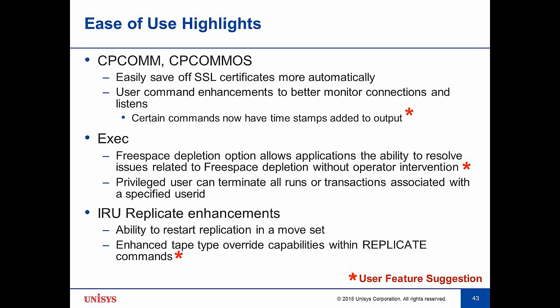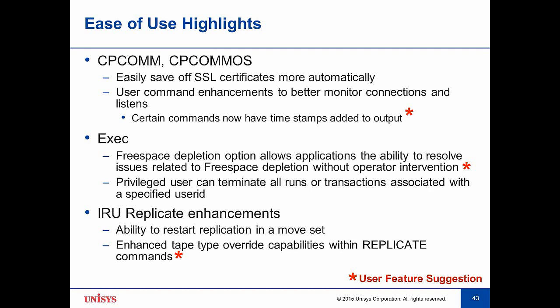The next one, in particular with CPCOM OS, which is used on our Intel-based Dorado systems, we're continually putting things in to make it easier to manage and monitor that network infrastructure on our systems. Again, in the exec area, a couple of things from our users to make it easier.